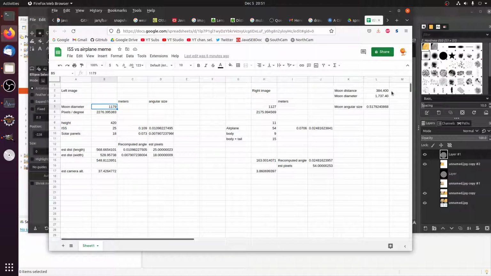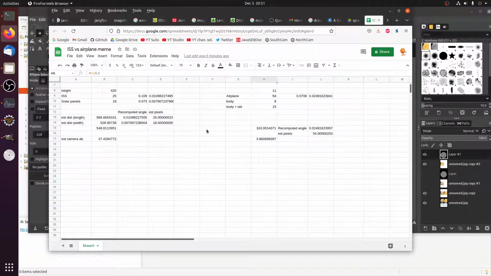So I went online and grabbed the official values: 384,400 kilometers away, with a moon diameter of 1,737.4 kilometers. From that, I calculated the moon's angular size, and with each of these, I calculated their respective pixels per degree.